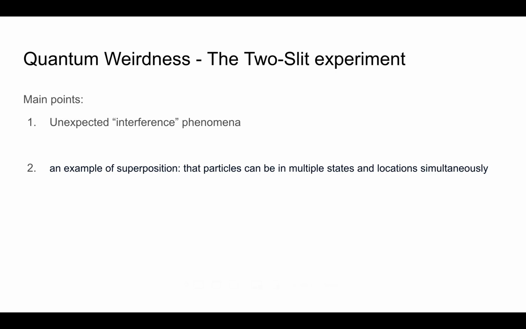But it turns out for very, very small particles, our intuition doesn't fit these subatomic particles. So in the quantum world, particles can exist in multiple states and locations simultaneously.